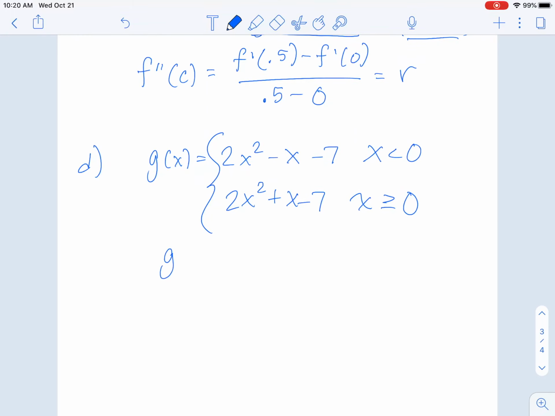Well, I'm going to take the derivative. So g prime here is 4x minus 1 at x is less than 0, and it's 4x plus 1 when x is greater than 0. Notice I'm not putting equal to. However, some of you did use that, okay?